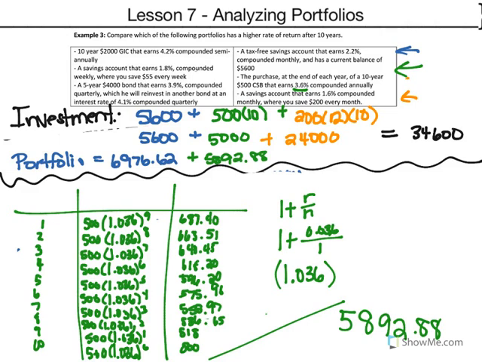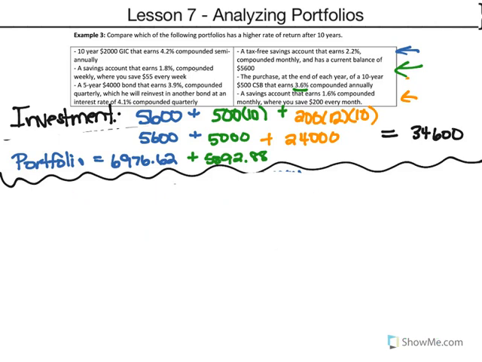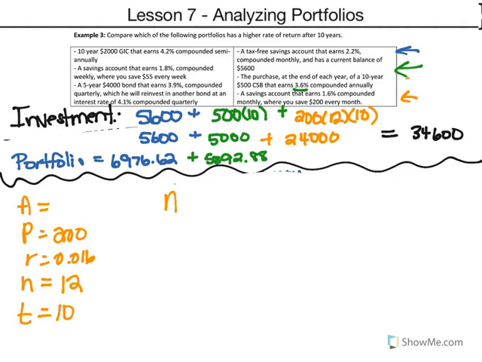Now you need to figure out our last one, which is $200 every month. So our payment is $200 a month. Our rate is 0.016. It's compounded monthly for 10 years. So we will use our regular payment formula.